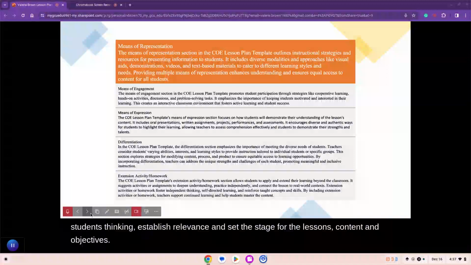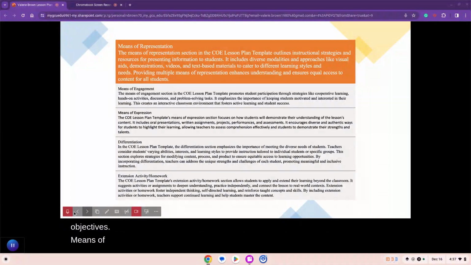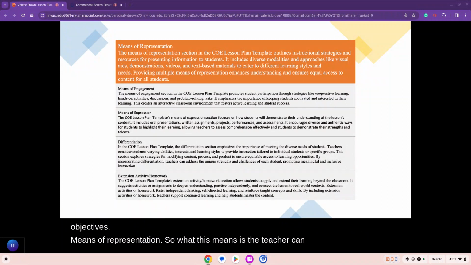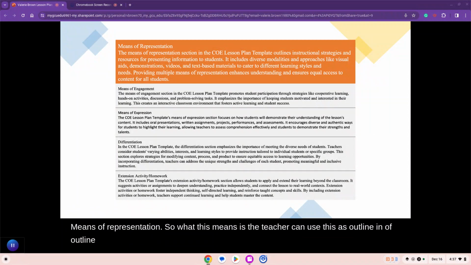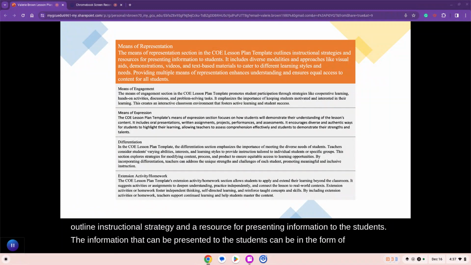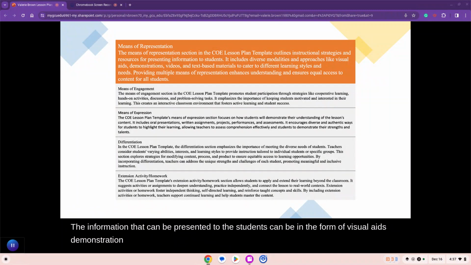Means of representation. What this means is the teacher can use this to outline instructional strategy and a resource for presenting information to the students. The information can be presented in the form of visual aids, demonstration videos, and text-based materials.